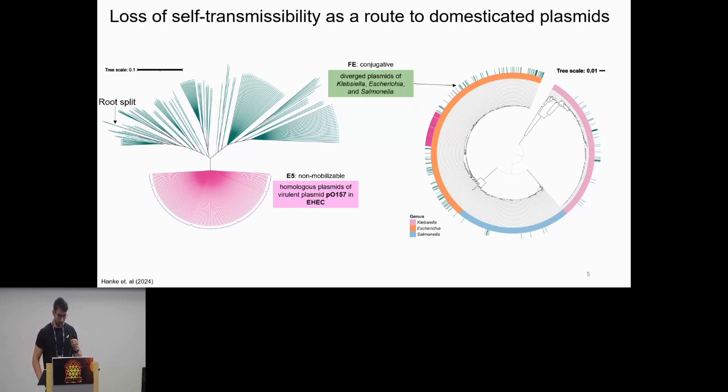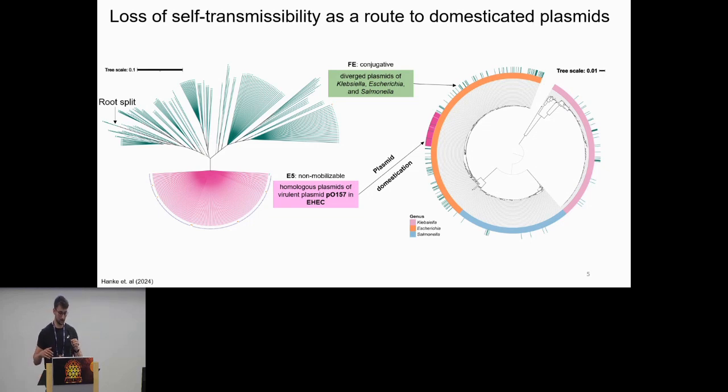And we have realized that indeed the conjugative plasmids are residing in diverged isolates of Escherichia, Klebsiella, and Salmonella, while in contrast, the non-mobile plasmids are residing in closely related E. coli strains, mainly corresponding to EHEC.